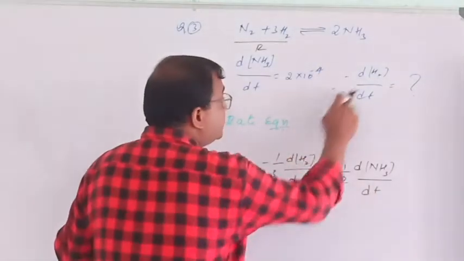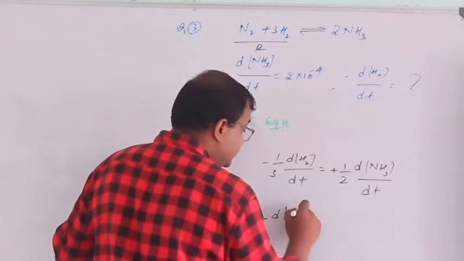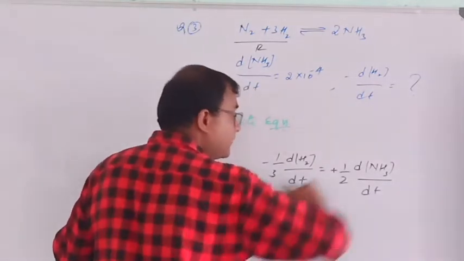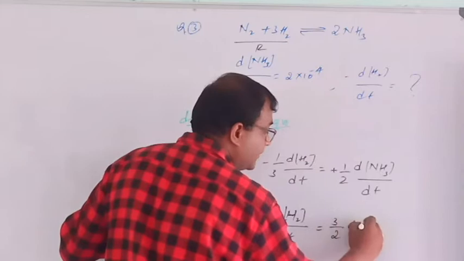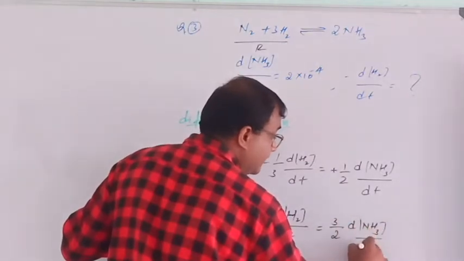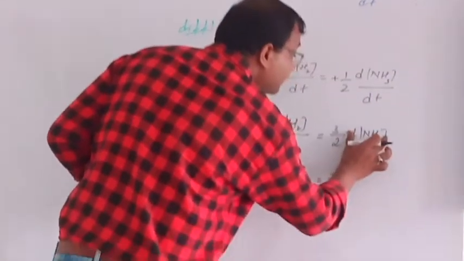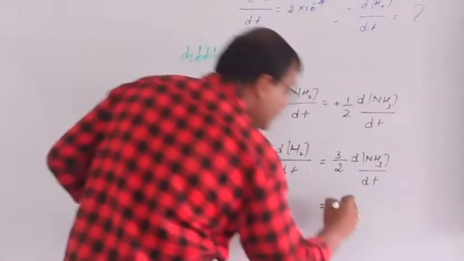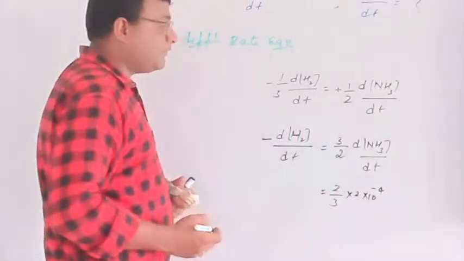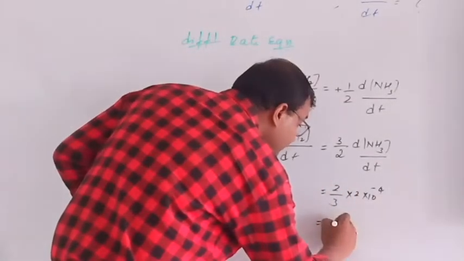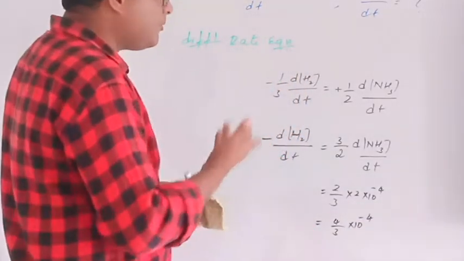Then I want minus d of H2 by dt, cross multiply: 3 by 2 d of NH3 by dt, which is 3 by 2 into 2 into 10 power minus 4.